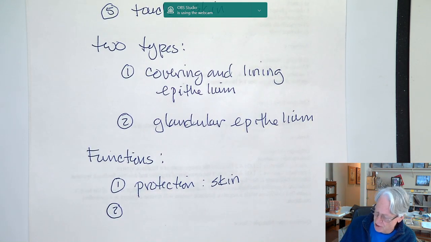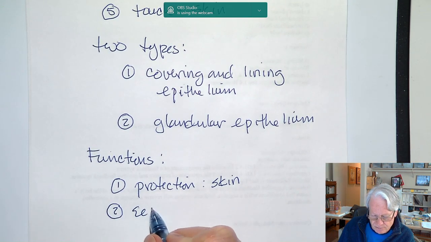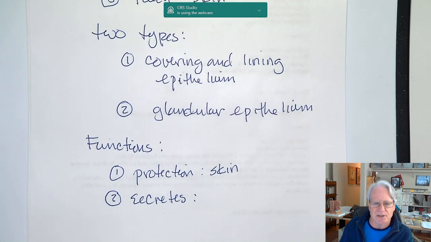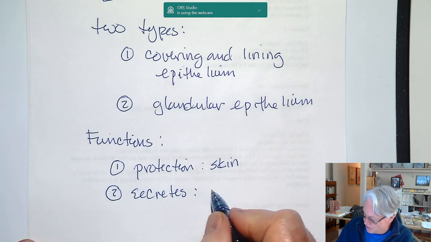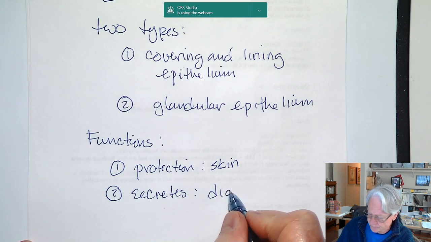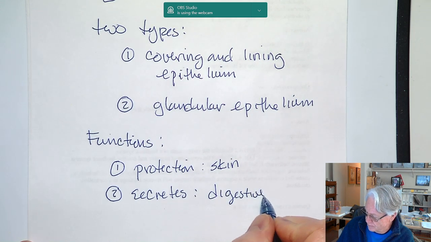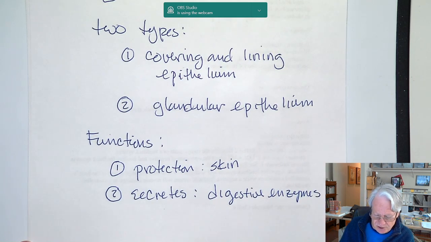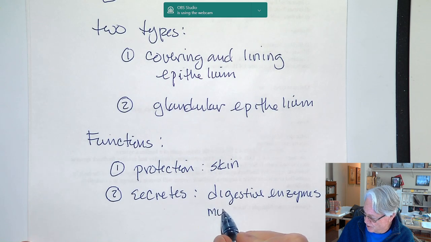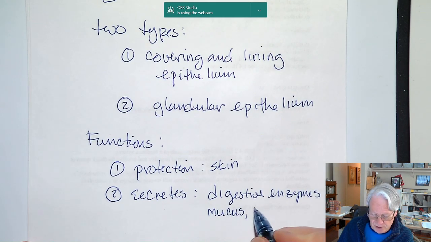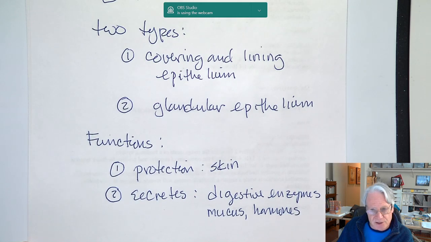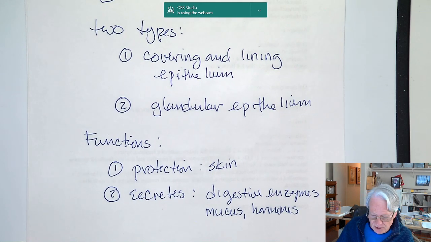So number 2, secretion. And here there's a bunch of examples we can talk about. Digestive enzymes. Of course, this would be in the digestive tract, but also mucus, another example. Hormones, okay, that would be glandular epithelium, and a bunch of other possibilities.